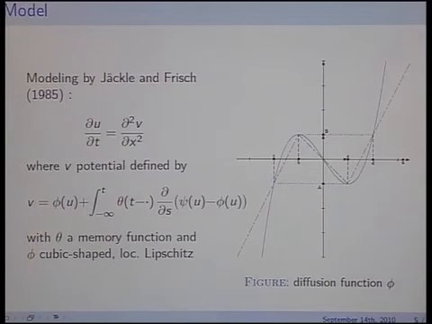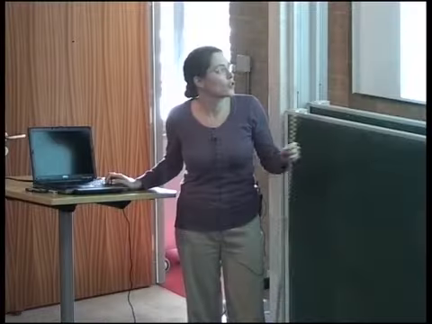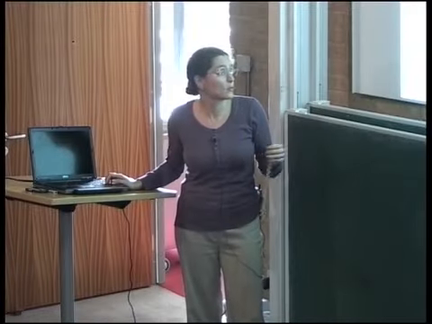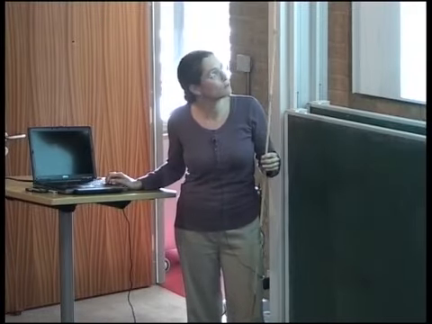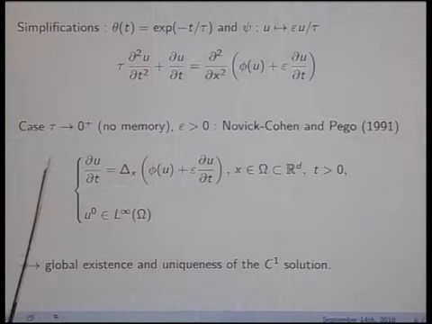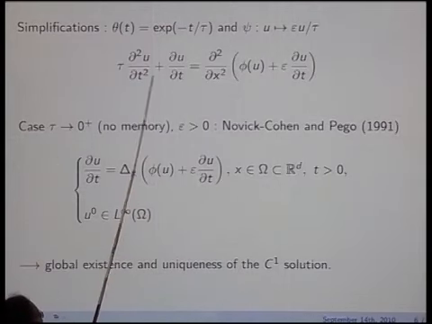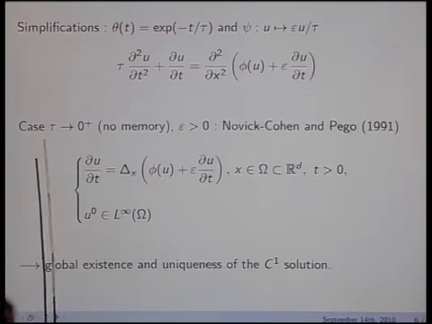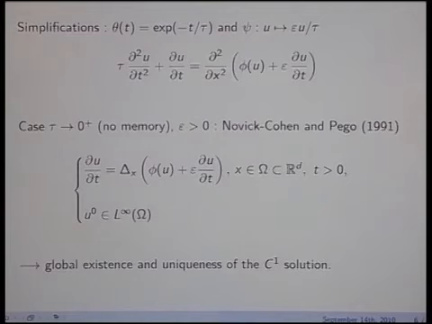The first model was presented with this memory function theta, and what we can take for theta is something which decreases exponentially from 1 to 0, so it's really a memory in time and local in space.